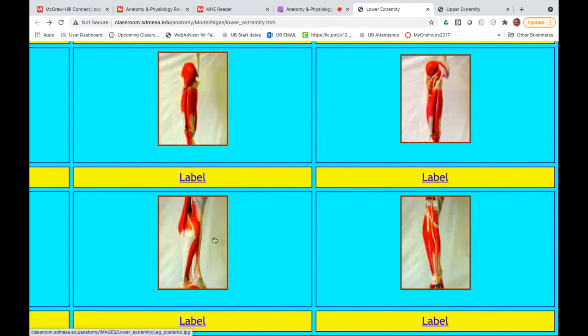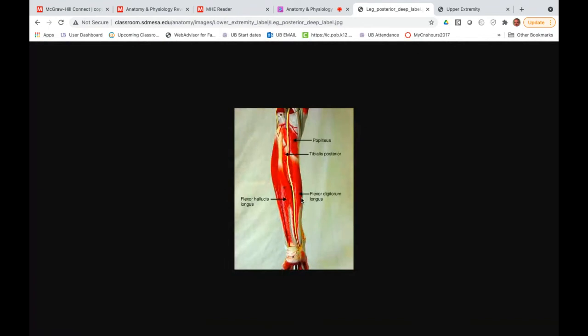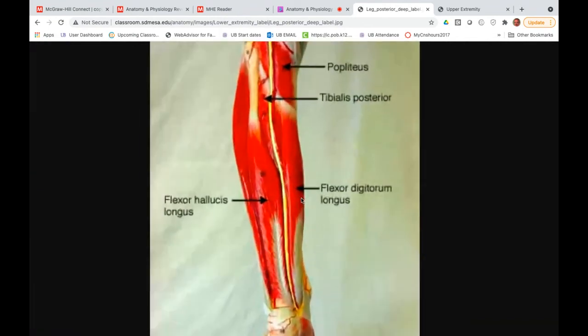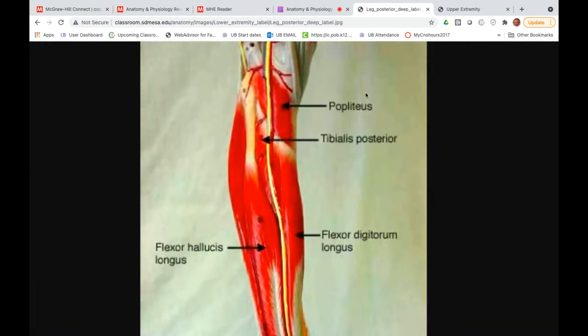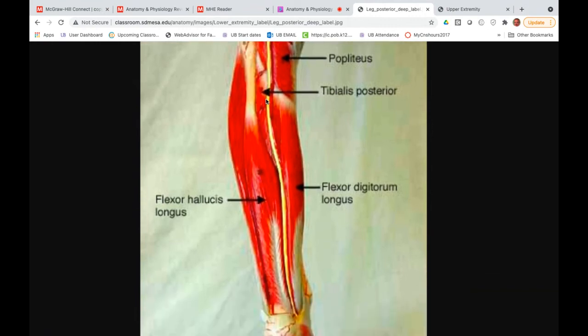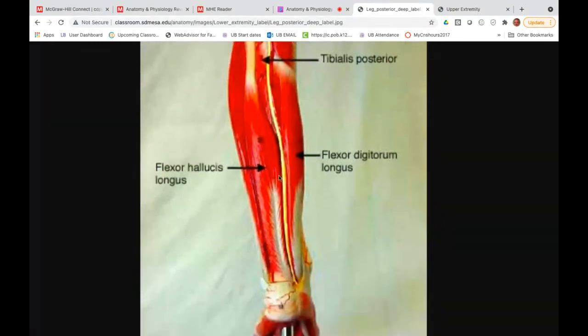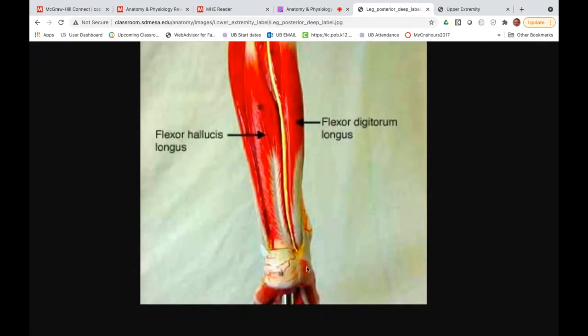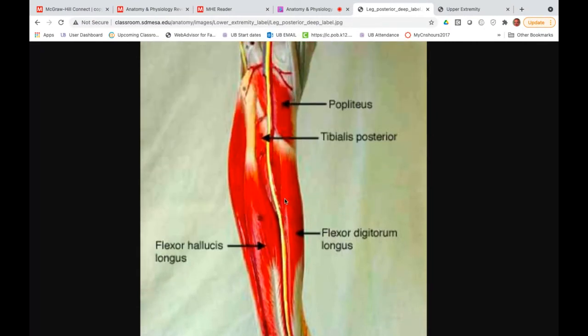Now, deep to the gastrocs, the soleus, and the plantaris, we have three other muscles. There's your popliteus, by the way, that I mentioned, the key that unlocks the knee. Here's your sciatic nerve at the knee. It goes down, becomes the tibial nerve to the inner ankle, and it goes underneath the foot.